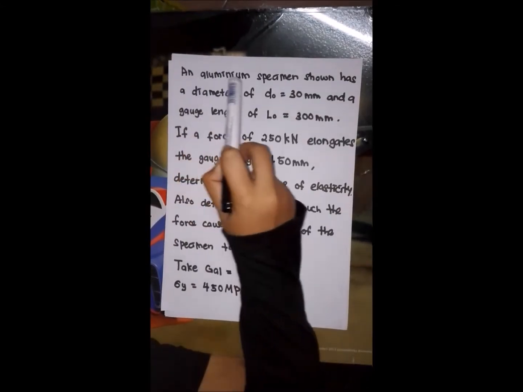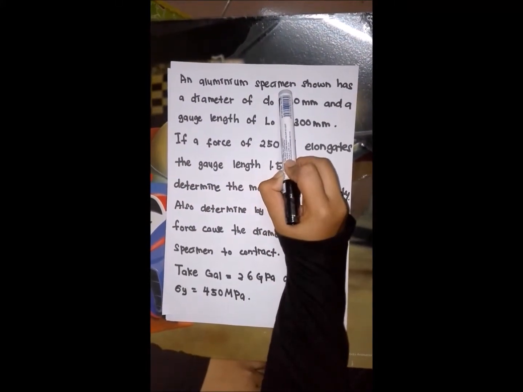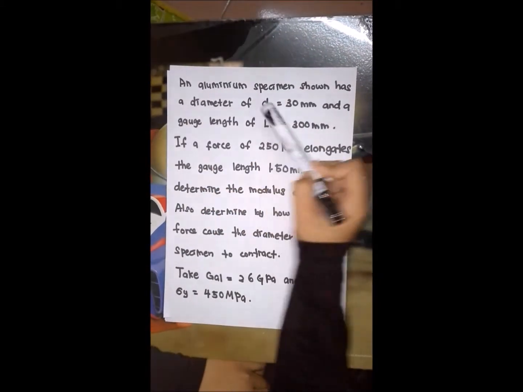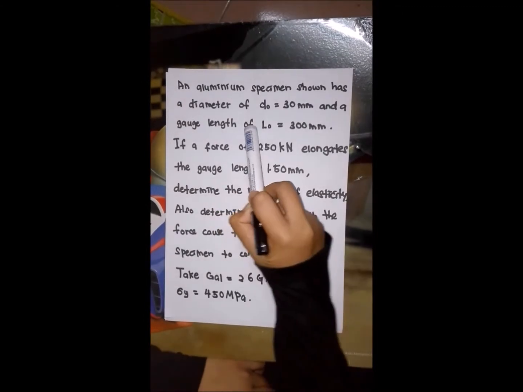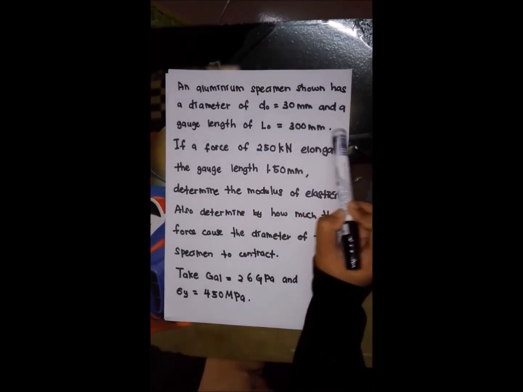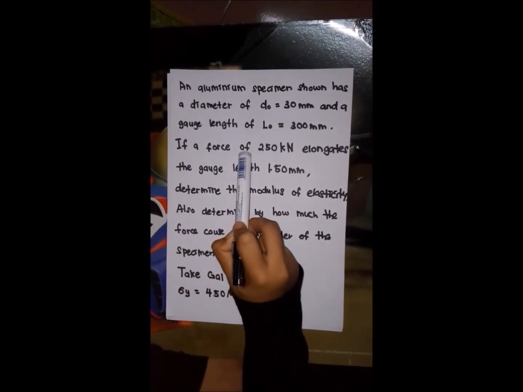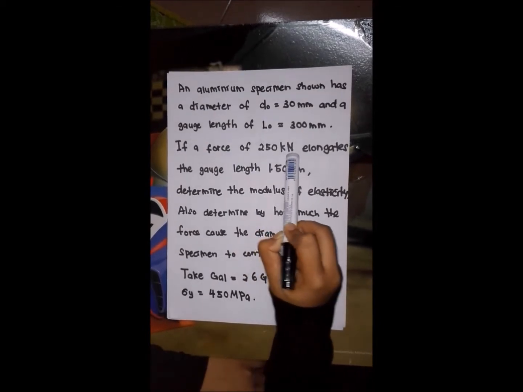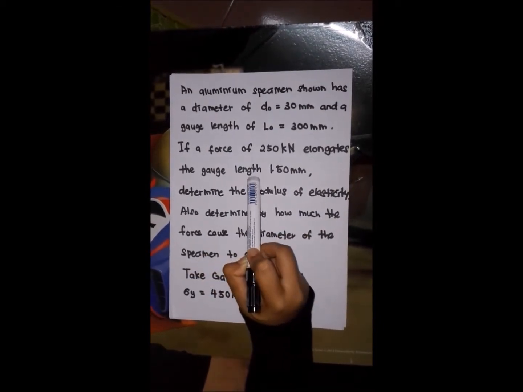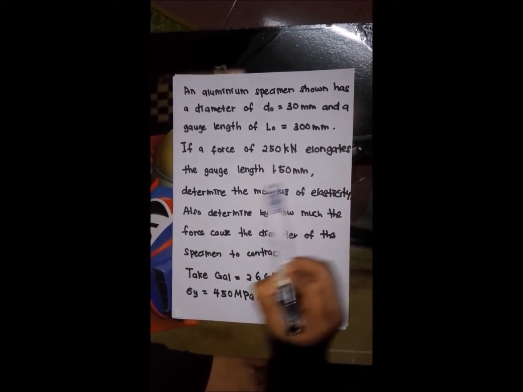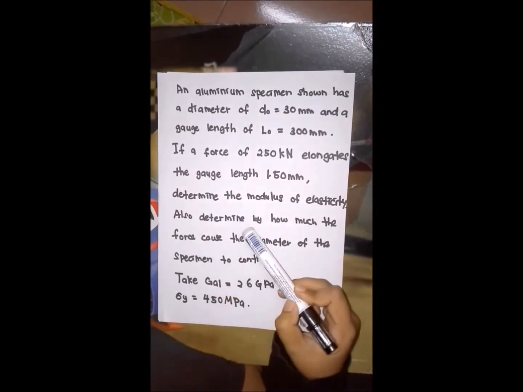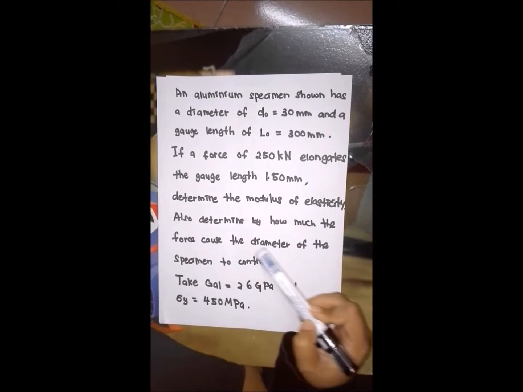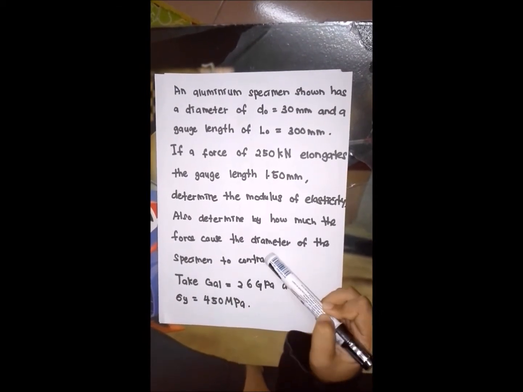An aluminium specimen shown has a diameter of D equals 30 millimeters and a gauge length of L equals 300 millimeters. If a force of 250 kilonewtons elongates the gauge length 1.50 millimeters, determine the modulus of elasticity, and also determine by how much the force caused the diameter of the specimen to contract.